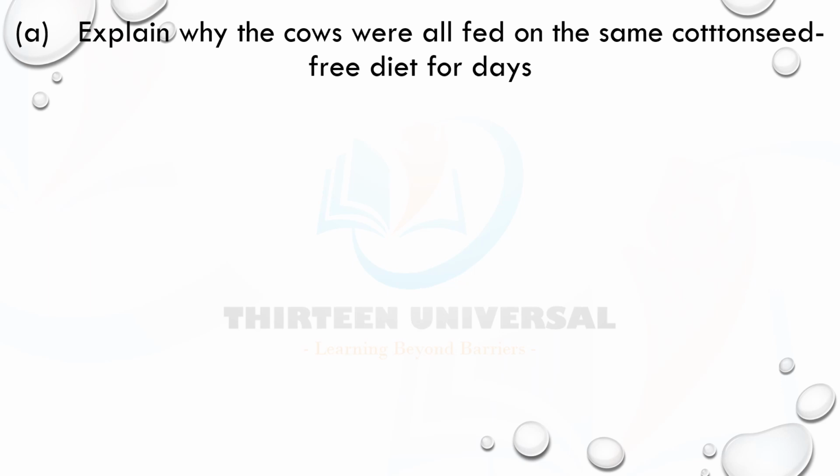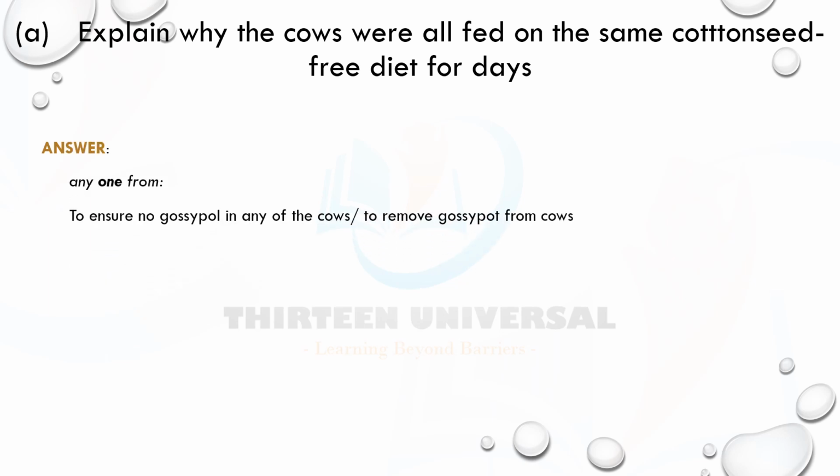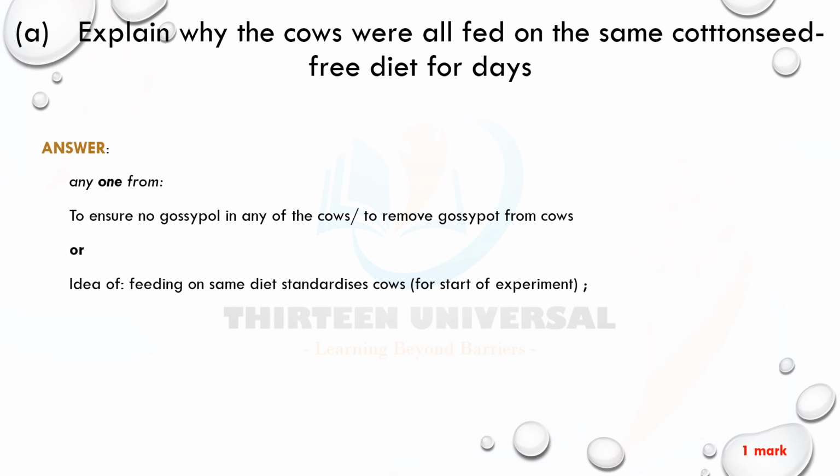So we fed them this to ensure that none of the cows had gossypol, to make sure that the diet they took was free from gossypol, that gossypol was not present from the beginning. So, standardize the cows before starting the experiment.